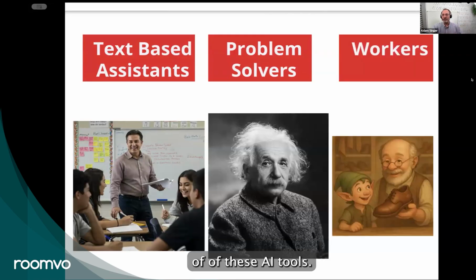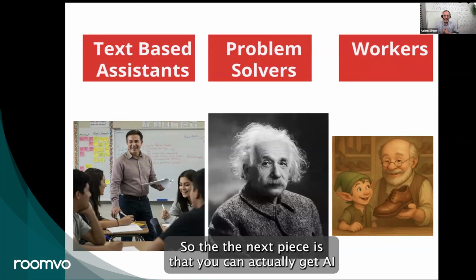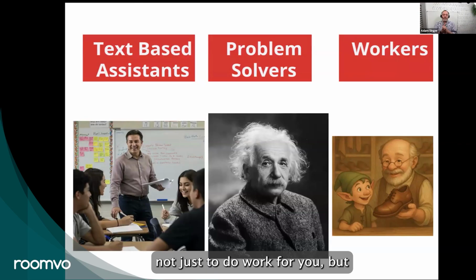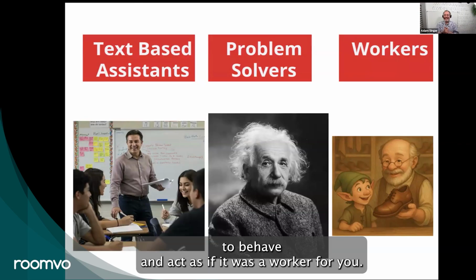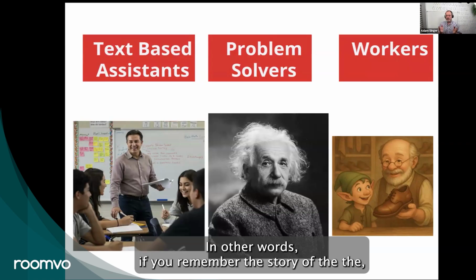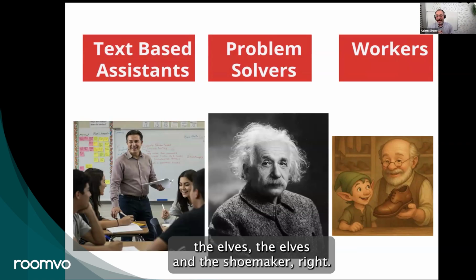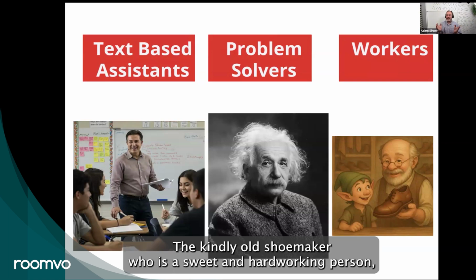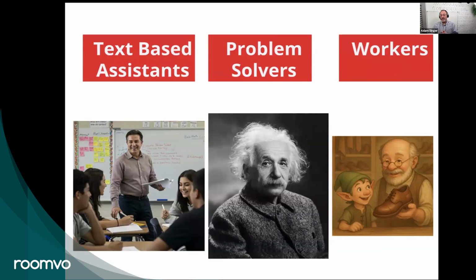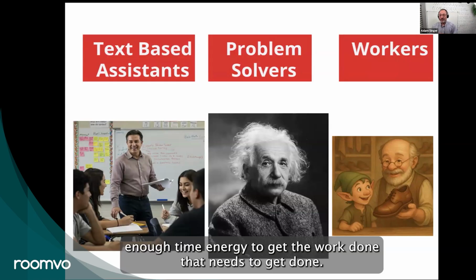And the next piece is that you could actually get AI not just to do work for you, but to behave and act as if it was a worker for you. In other words, if you remember the story of the elves and the shoemaker, right? The kindly old shoemaker who is a sweet and hardworking person, but just never seems to have enough time or energy to get the work done that needs to get done.